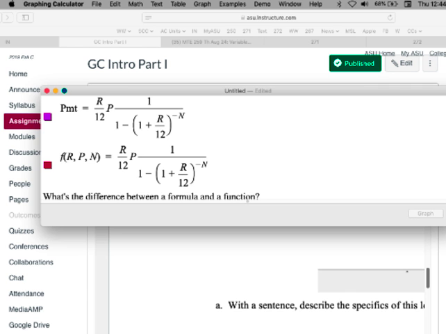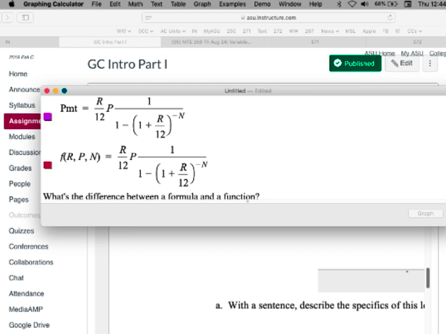Okay, cool. Yeah. So in that line where you write PMT and you just look at that line, do you know what your inputs are? Okay, but when you look at this, the function notation, right there in that line, you know. So if, say, I wanted R to be 0.0625 and P to be 175,000 and N to be 180, what would it take to represent this payment?